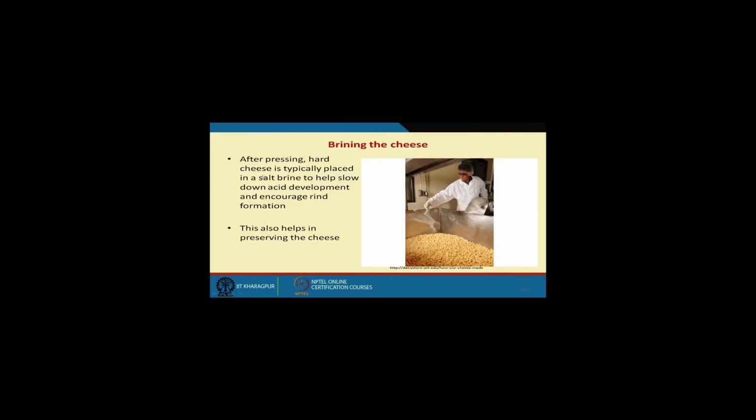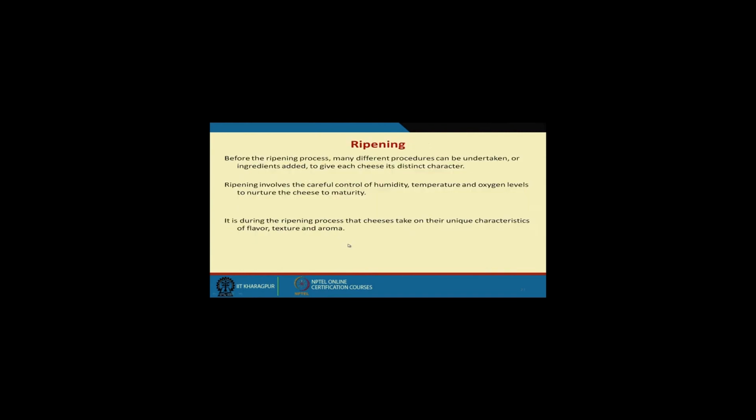So that is called rind. This is required, and it will help in preserving the cheese. The brining operation is very important as far as cheese making is concerned.